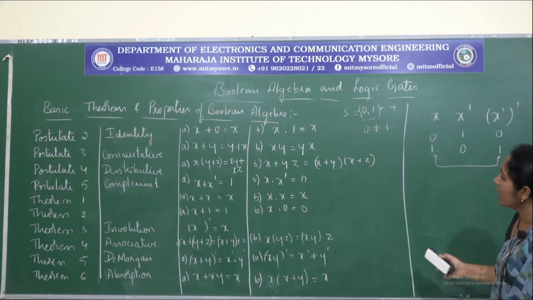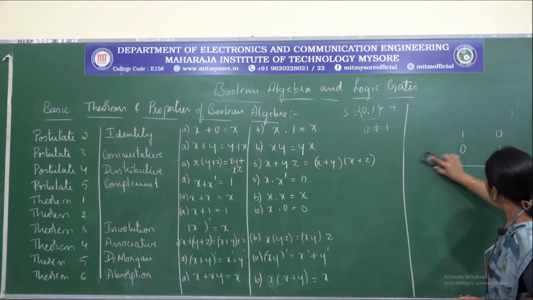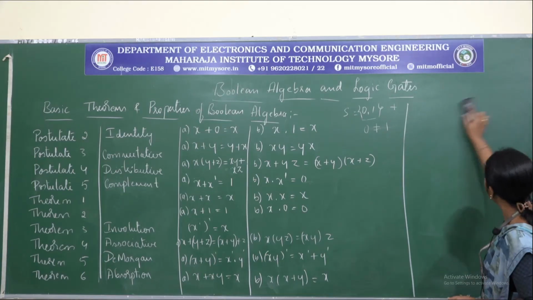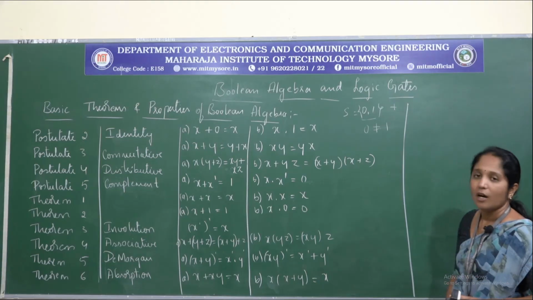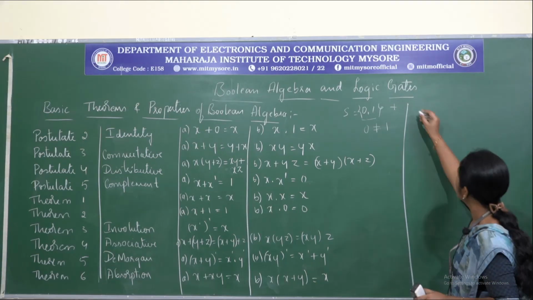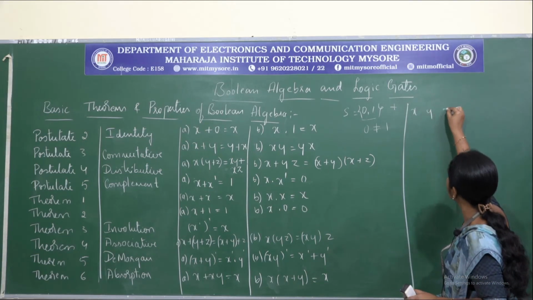Next we have associative law. In associative law we have x plus of y plus z, which is equal to x plus y, plus z. So let me consider 3 variables for that.